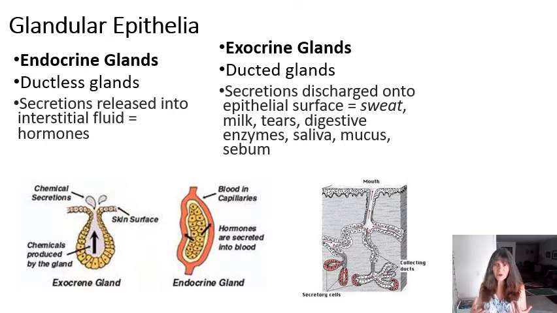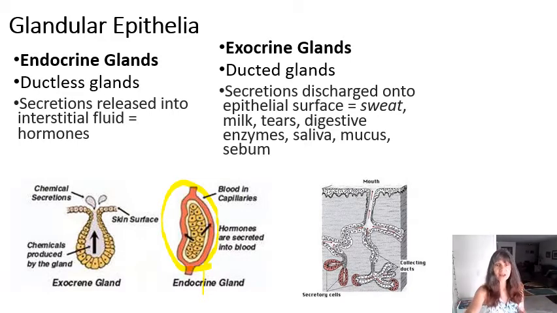The prefix endo means inside, and endocrine glands are glands that have cells that when they produce their product, the product is released by the cells into the extracellular fluid surrounding them. By the way, extracellular fluid is often also referred to as interstitial fluid. So please get used to that term. Interstitial fluid, extracellular fluid, basically interchangeable.